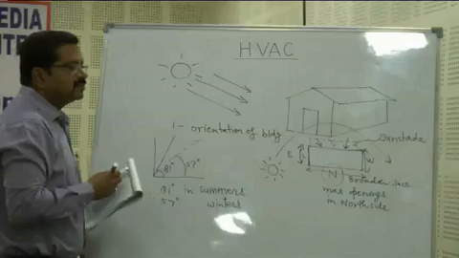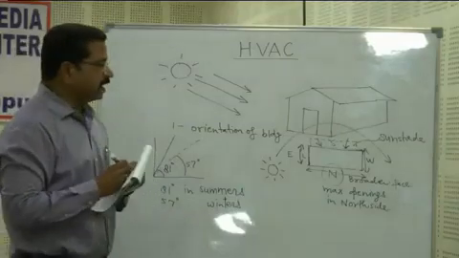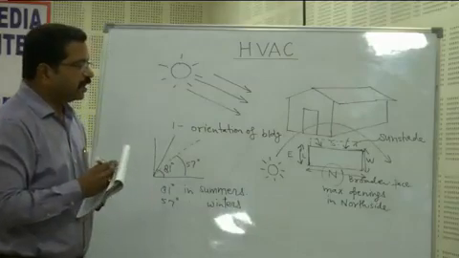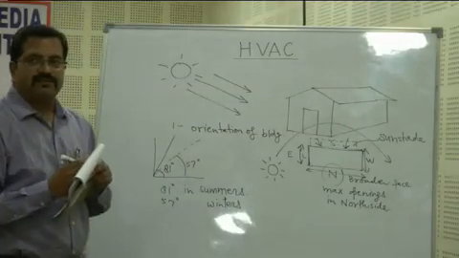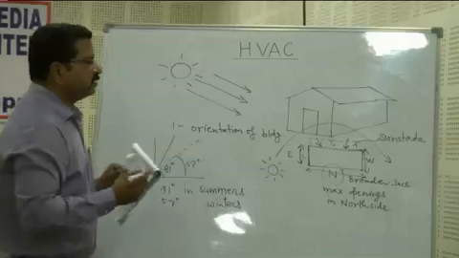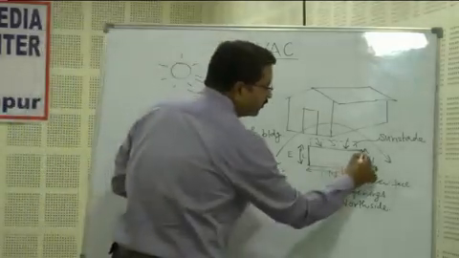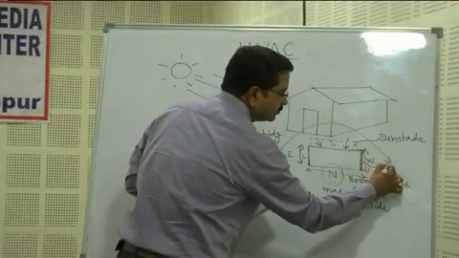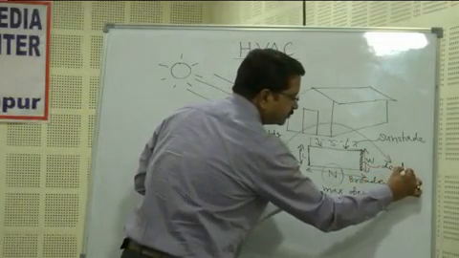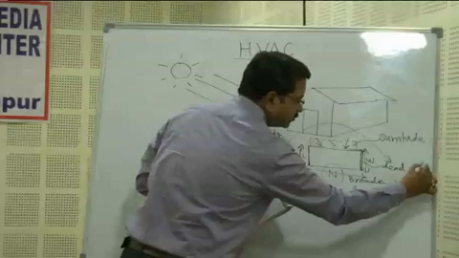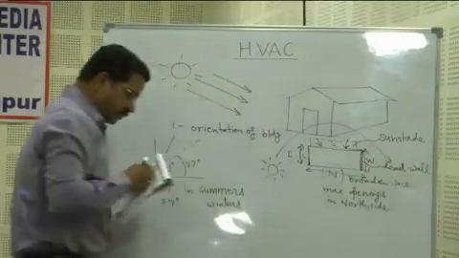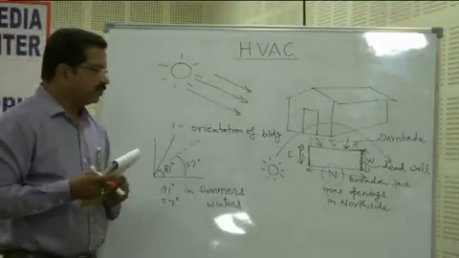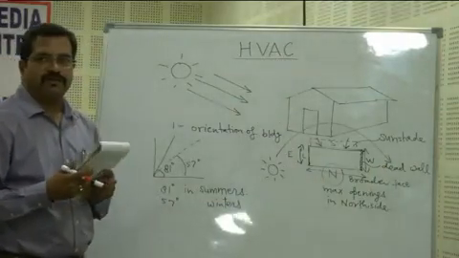So being lesser side on the west, in the evening time we will have less sun inside the building, and we should try to design our building in such a way that the west side should have maximum dead area, so that we get it blocked from the side.